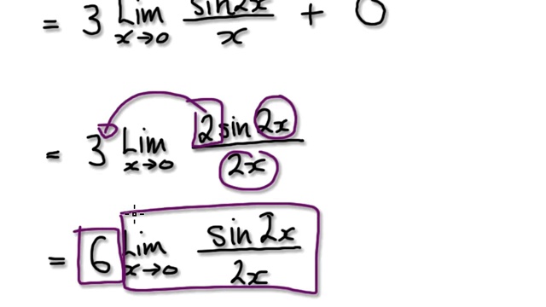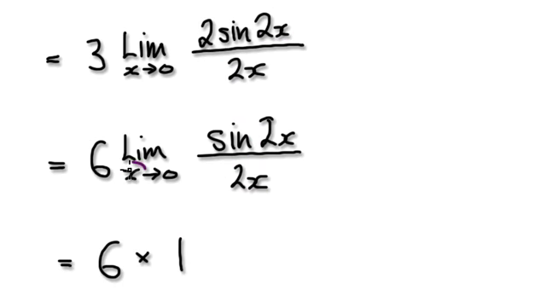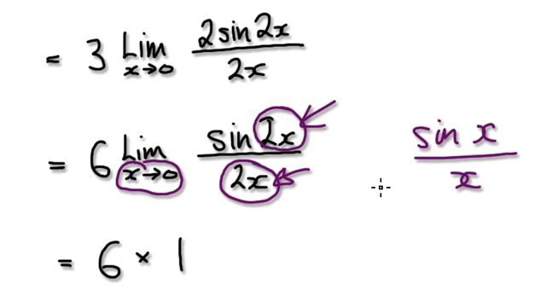Now concentrate on finding out this. The good thing is that these two are the same now. As x approaches 0, these two bubbles will automatically head towards 0. So you can think of this as sine x over x as x tends to 0.